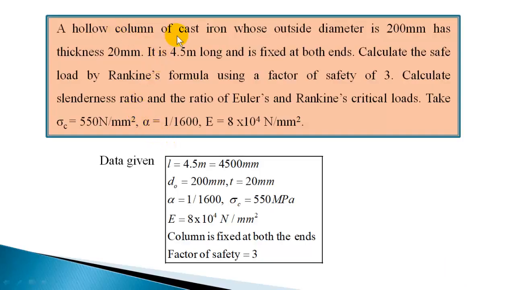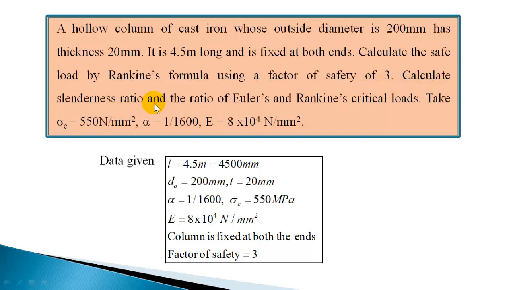A hollow column of cast iron whose outside diameter is 200 mm has thickness 20 mm. It is 4.5 meter long and is fixed at both ends. Calculate the safe load by Rankine's formula using a factor of safety of 3.